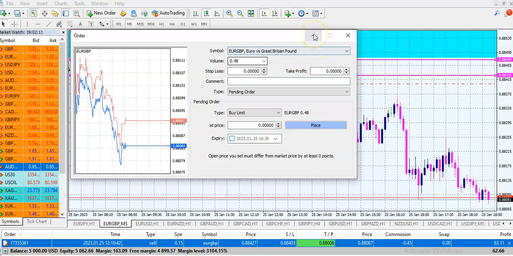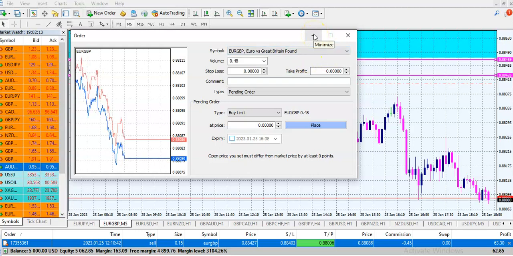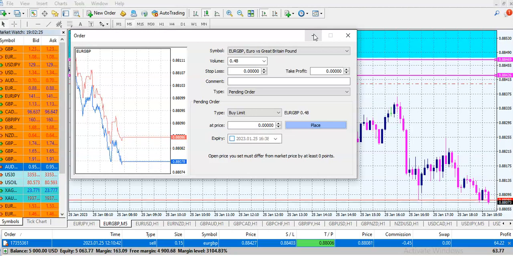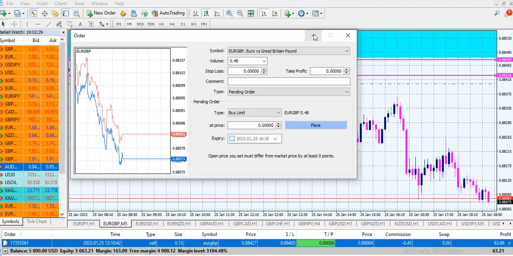I think I was a little bit in a hurry to really check this particular order. I think I used 0.25% on this particular trade.